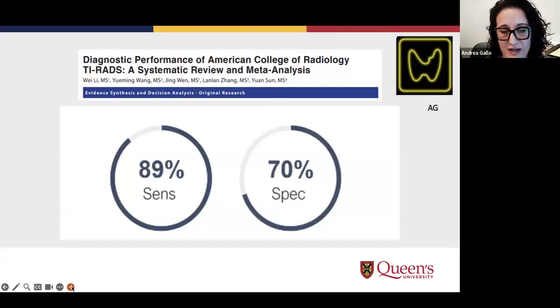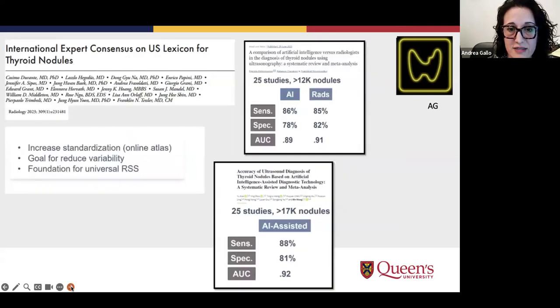This is just to emphasize that the specificity is getting better using TIRADS on ultrasound. Next slide. Also important to identify that AI is one of the tools that we will be using soon.